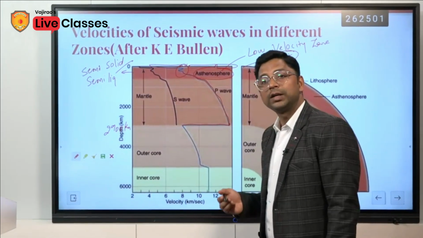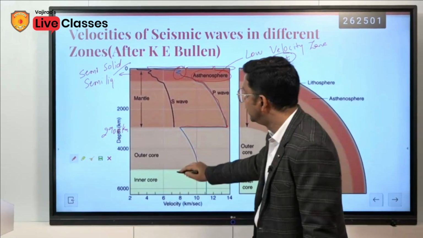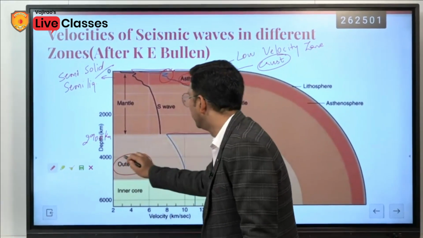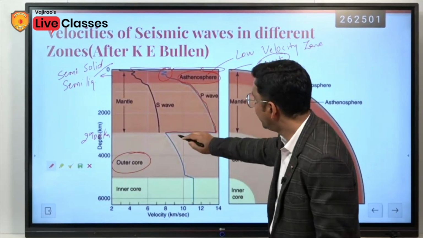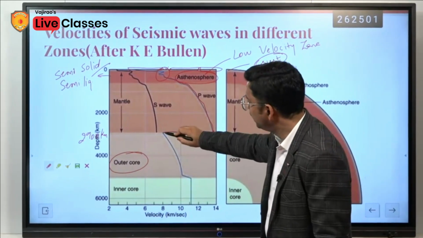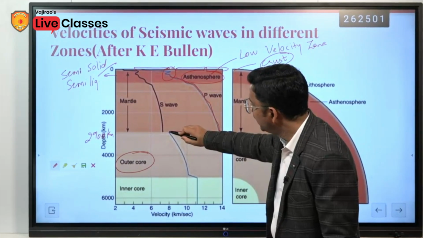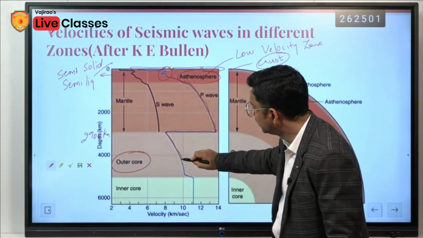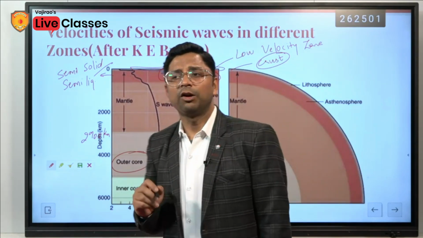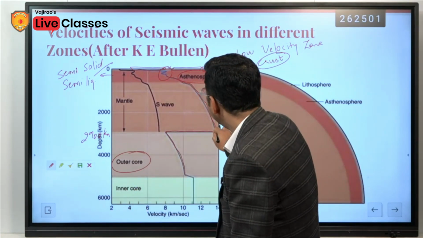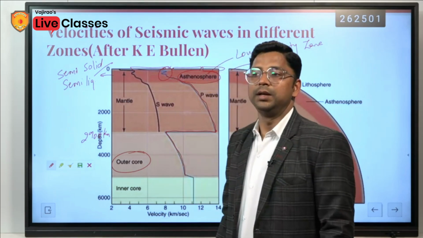According to scholars, this is the outer core. Now just see what happens. The P waves are able to pass through this. The scholars thought about why the speed decreased drastically.